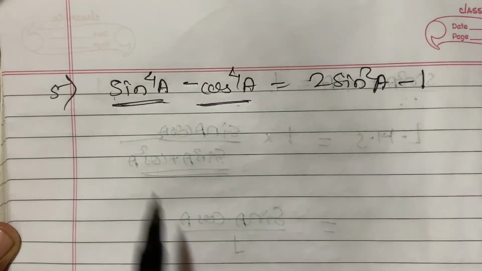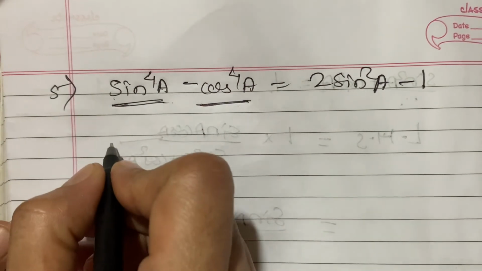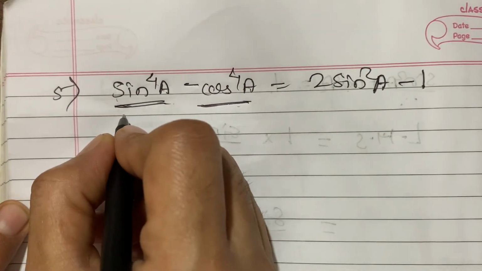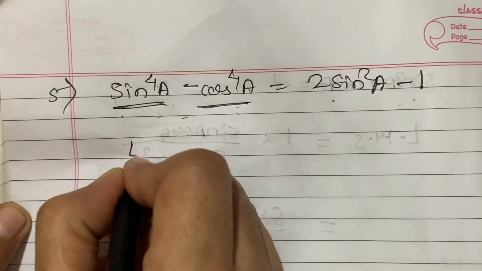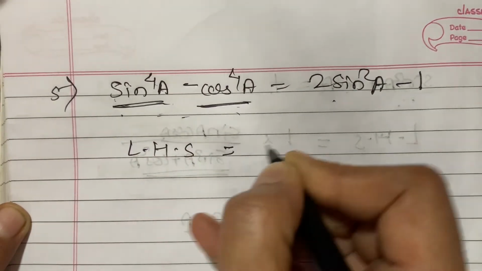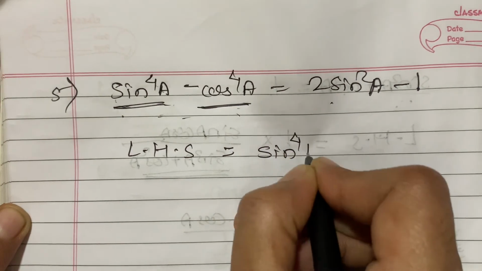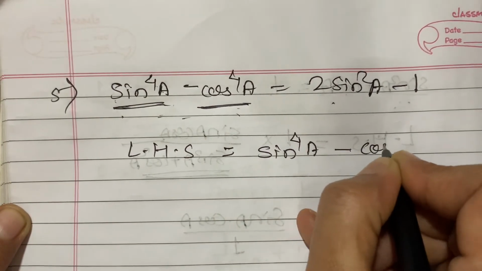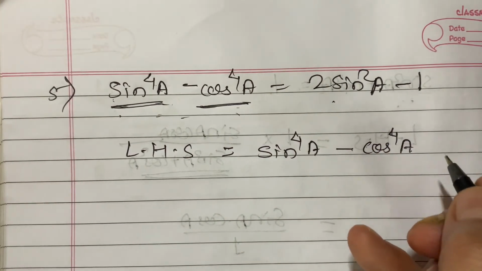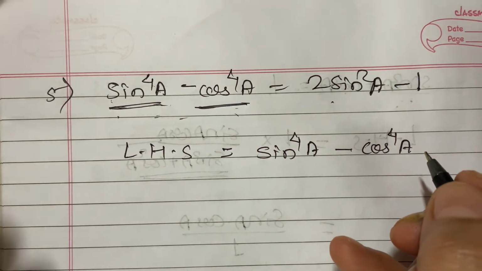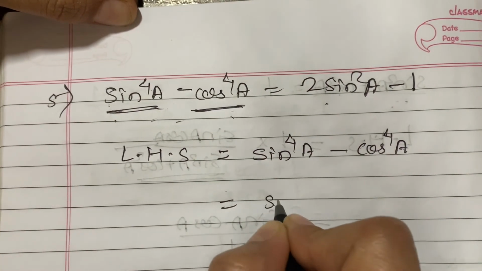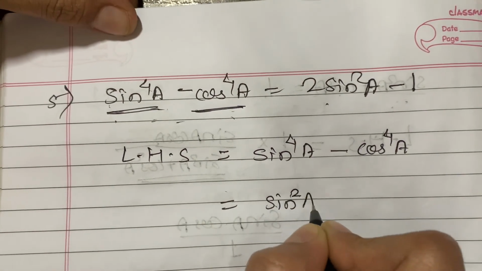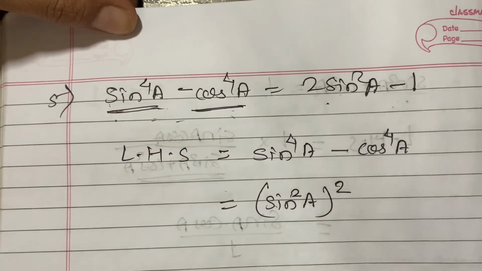Okay, so I will start from LHS here. LHS is complicated as compared to RHS, so I will start from LHS: sin raised to 4a minus cos raised to 4a. Now sin raised to 4a means sin square a, its square.